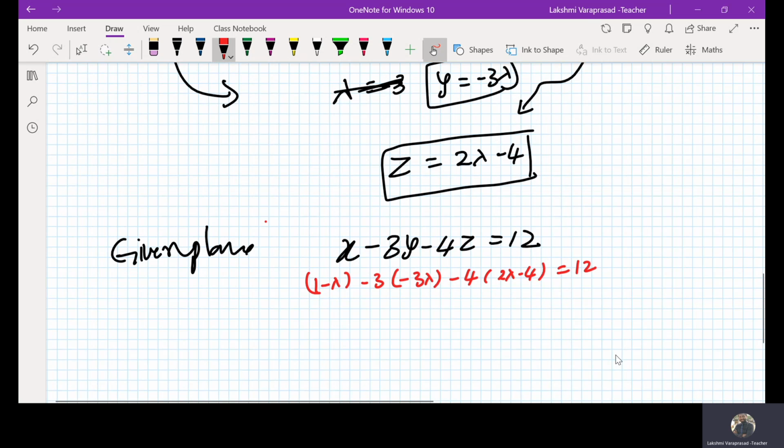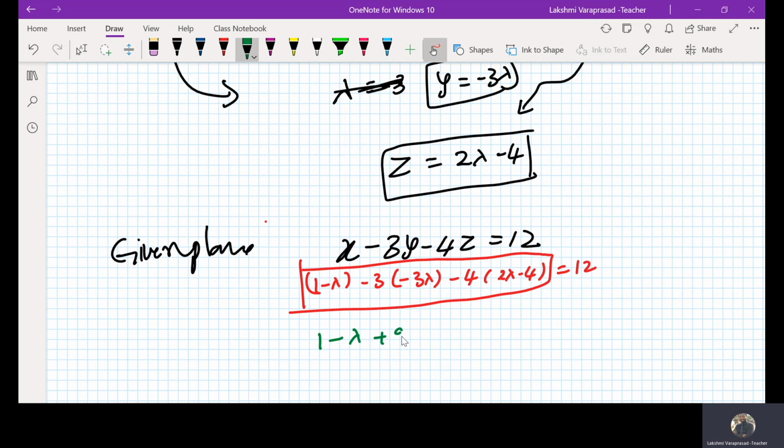So try to solve this one side first. Let's see what is going to happen. 1 − lambda, here minus times minus gives plus, 9 lambda − 8 lambda + 16 is equal to something.